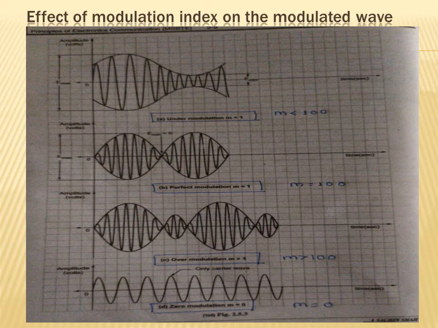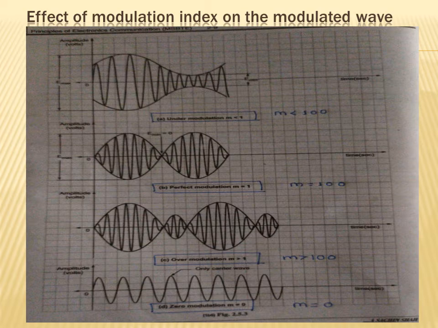When EM equals EC, M is equal to 100%, and this type of modulation is called fully modulated, or also perfect modulation.